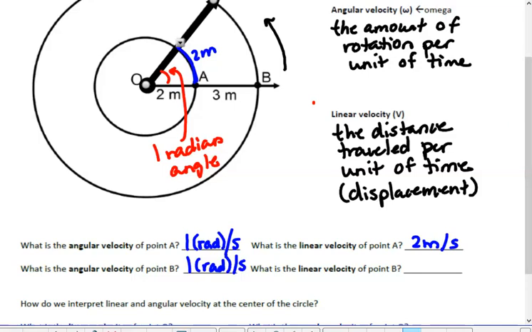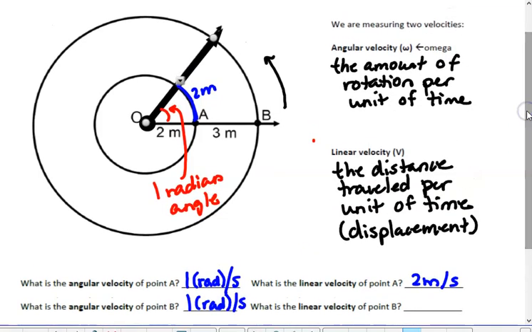But its distance traveled is different, because the distance traveled by point B in the same amount of time is 5 meters, corresponding to its distance from the origin, because in 1 radian it's going to travel 1 radius length. So the linear velocity of point B is 5 meters per second.